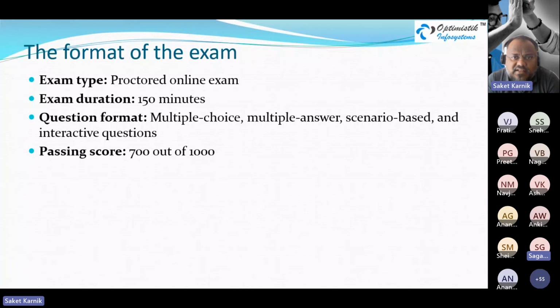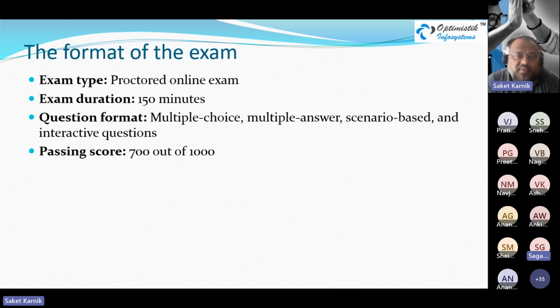Though the MCQ format is there, there could be more than one correct answer. Sometimes all the answers seem to be correct, but it might be mentioned precisely to choose 3 or choose 2 out of the 4 or 5 options available. So what you have to select there is the most relevant answer. Even if all are correct, there could be a few of them which are most relevant. Understood?